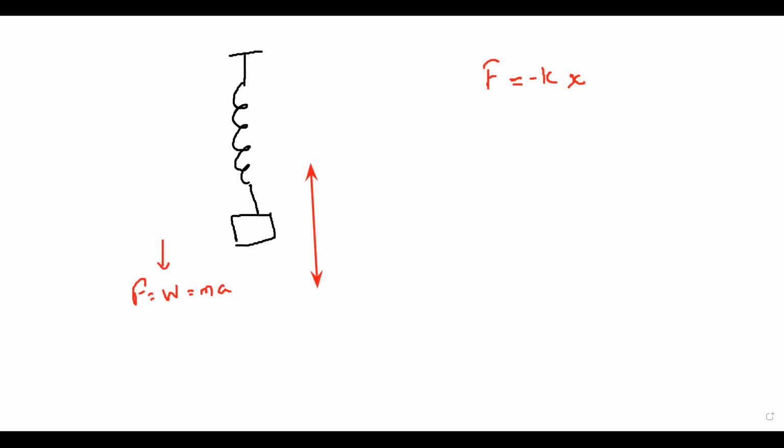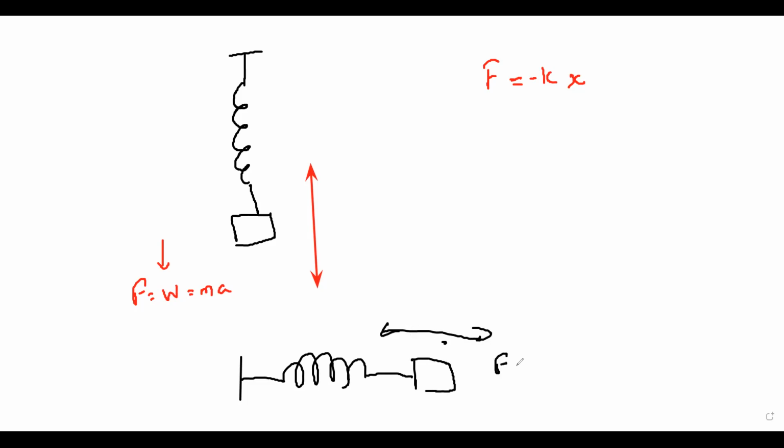But if the object is moving horizontally, with the spring on the horizontal plane, in that case F is equal to ma. So this is a mass attached to a spring, oscillating or vibrating to and fro. In that case, F will be equal to ma, so in place of F we can write ma. So we can say ma is equal to minus kx.